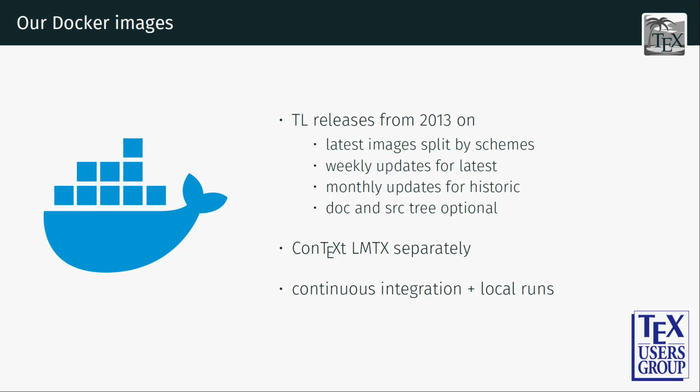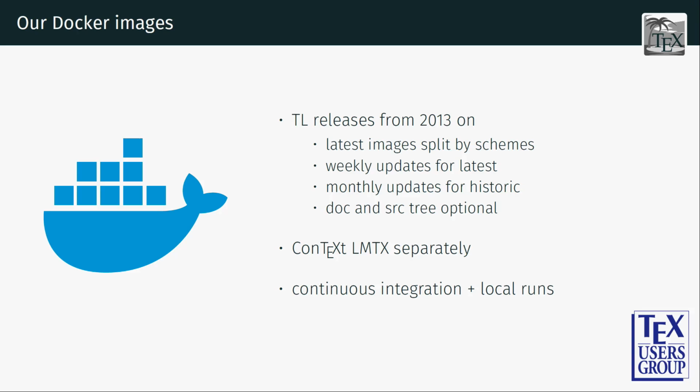The historic images receive monthly updates, and you might ask, okay, they are historic, what does change? Well, it's actually the operating system layer. The ConTeXt images and the TeX Live images are both based off of Debian, so we have a Debian system below that, and this is updated monthly. The latest images are updated weekly, including TeX Live updates and Debian updates.